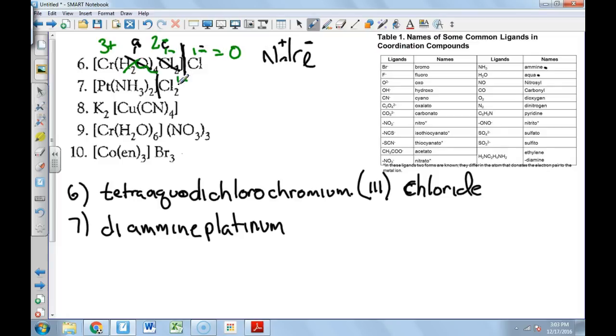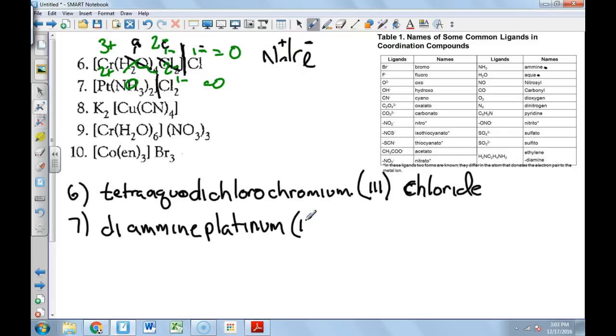Chloride is a 1-, so that makes the total on this side 2-. The overall has to equal 0 because it's a neutral compound, and the ammonia is 0, so the platinum is going to be 2+.